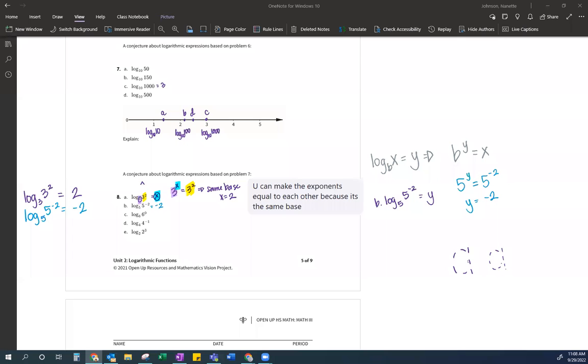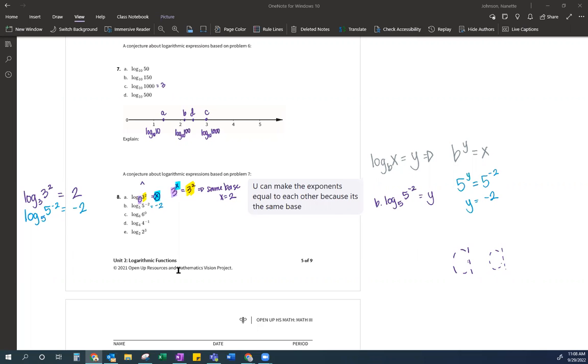Okay, so let's see. You should have tried this one. What did you guys get as the answer for C? What did you get as your answer for C? Oh, we got 0? Oh, that's interesting. Oh, okay, wait, let me just rewrite that really quick.